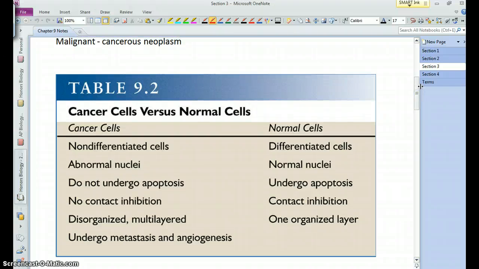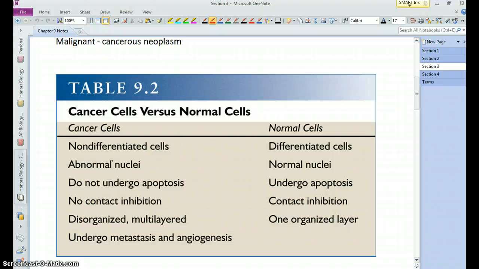So let's make a comparison here. Normal cells become differentiated. That is, they have a particular job they do. They might be muscle cells, nerve cells, etc. But cancerous cells remain in this undifferentiated state. They do not become a muscle cell or nerve cell. They're just a cancerous cell, and they don't do what those other cells do.